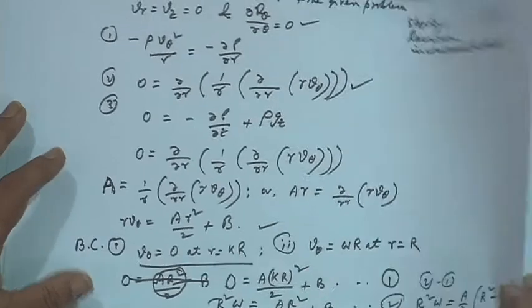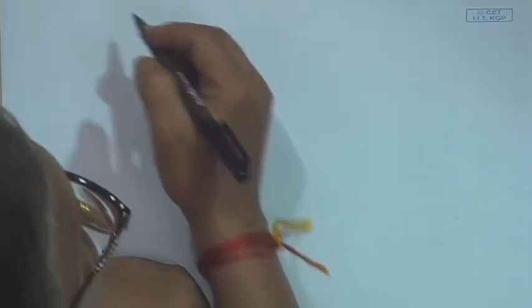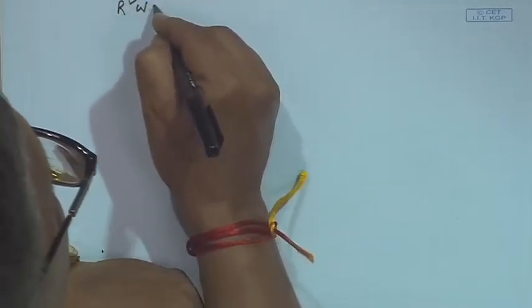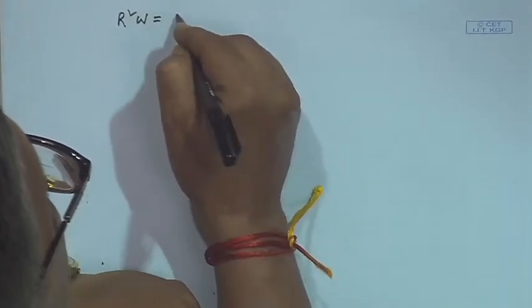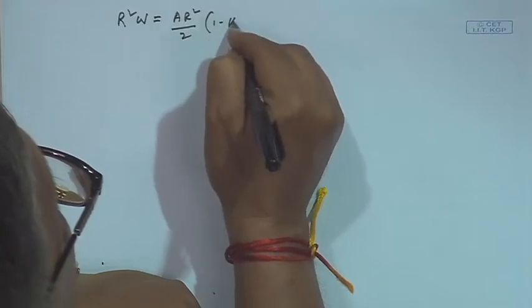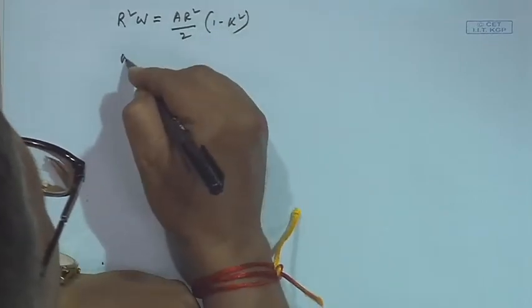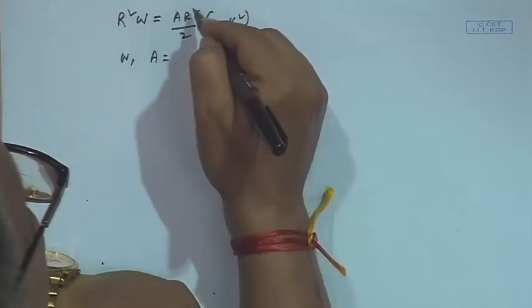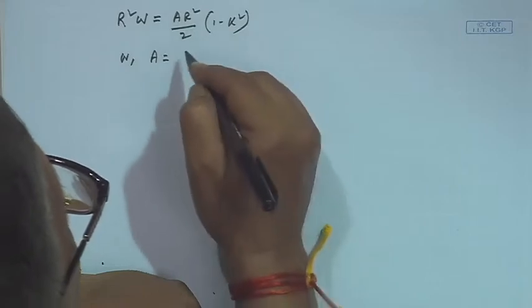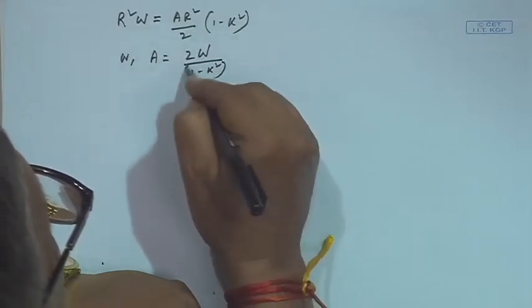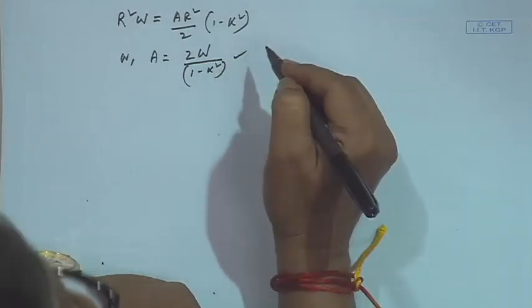Let us write here once again: R square omega is equal to A R square by 2 into 1 minus k square, or A is equal to, this R square goes out, 2 omega over 1 minus k square.